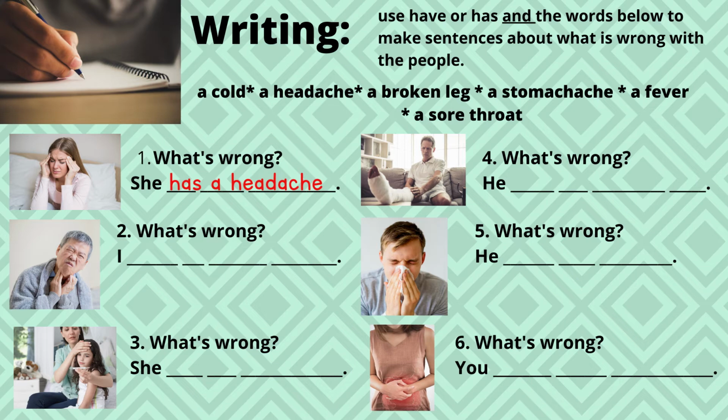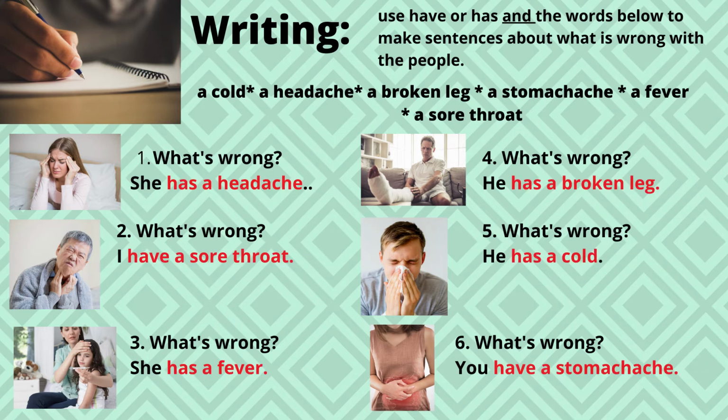All right, let's look at the correct answers. We already did number 1, what's wrong? She has a headache. Let's look at the rest of them. Number 2, what's wrong? I have a sore throat. Number 3, what's wrong? She has a fever.